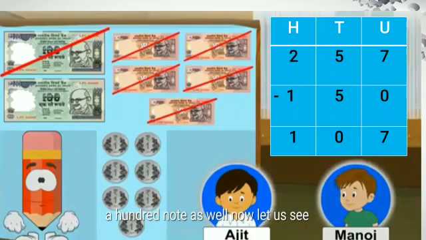Whenever we start the subtraction, we start from the units place again. So 7 minus 0 is 7, 5 minus 5 is 0 and 2 minus 1 is 1. Compare with the picture, you can easily understand. So our answer is 107. So Ajit had 107 left with him.